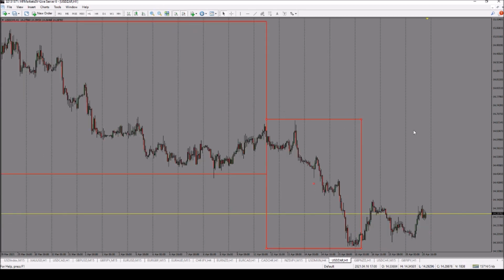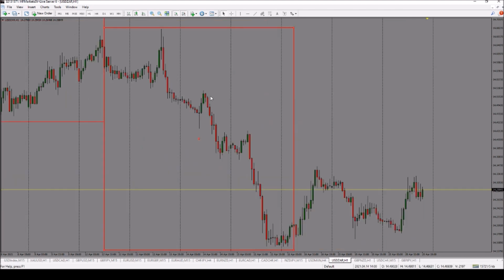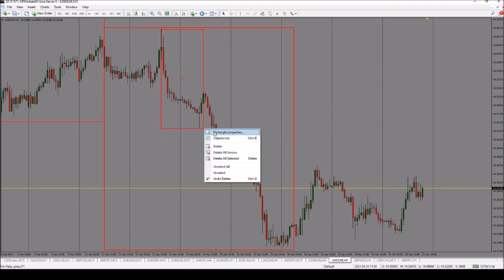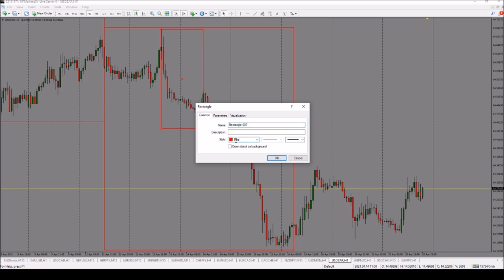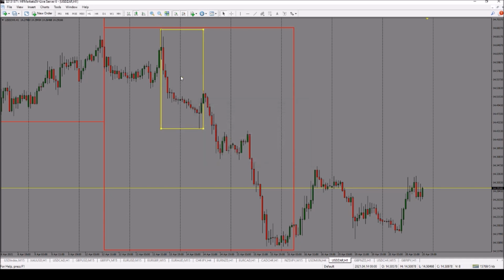Right, then going on the H1 time frame, we can see that we had the first H1 wave, so I'm going to change the color to yellow, so that it will be easier for you to see.